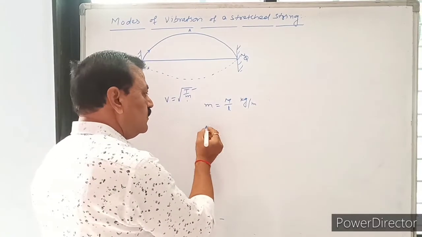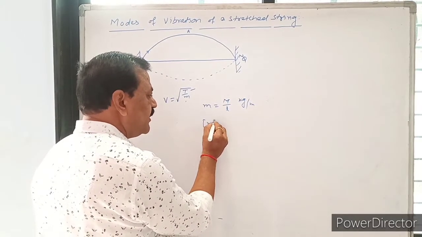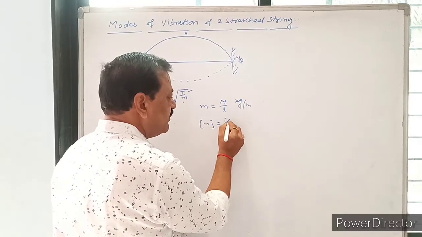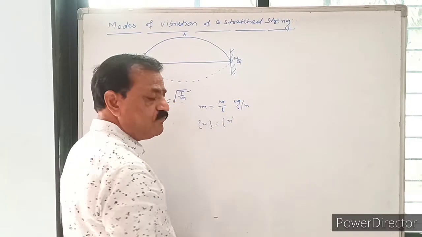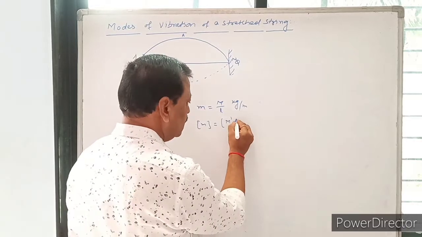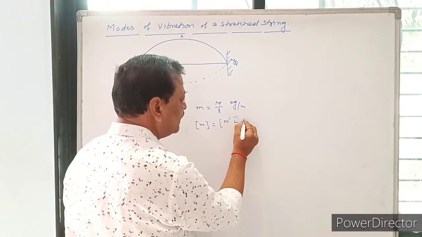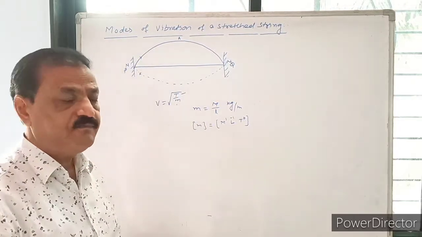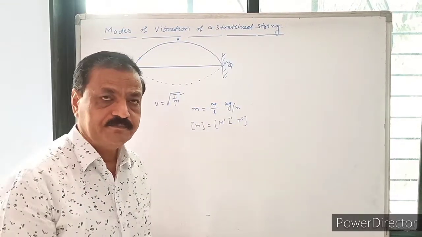Then what is the dimension of linear density? Kilogram means mass, so M^1, length L^-1, time T^0. So these are the dimensions of linear density.